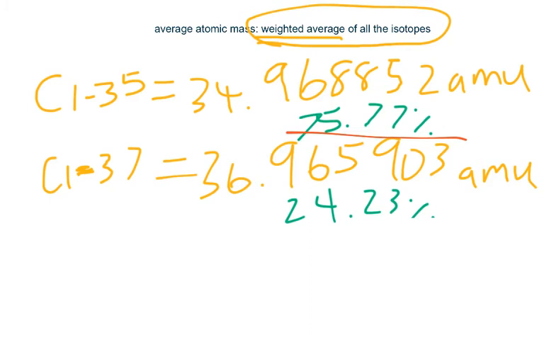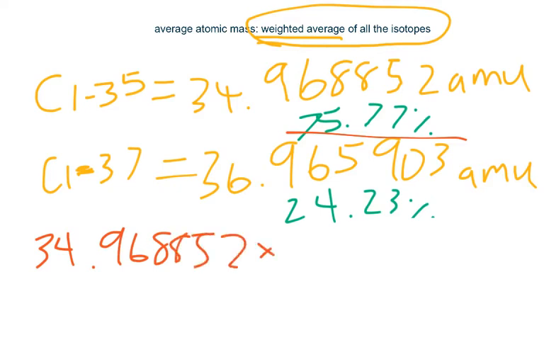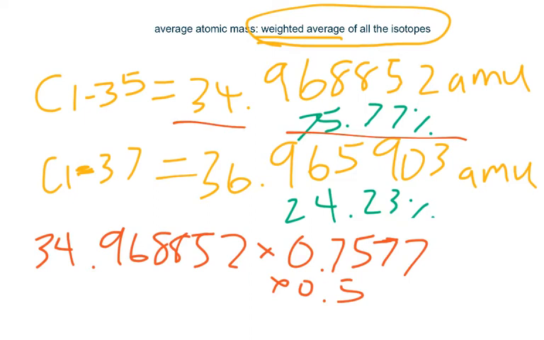So in this case, we have to multiply 34.968852 by the abundance, which is 0.7577. And notice how I don't multiply by 0.5, since we are not weighing this number and this number equally. So because they are weighed unequally, I have to multiply it not by the same factor of 0.5, but by something that's based on the abundance.